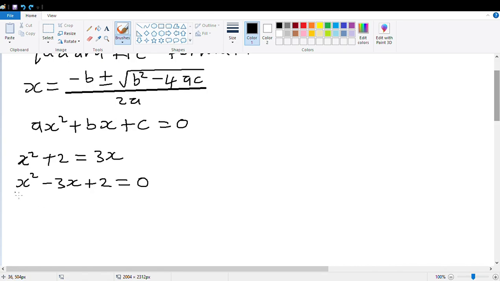So if you are finding this challenging, then try to simplify it further or write it in a nicer form so that it is easier for you to obtain the values of a, b, and c. To do that, you can simply put 1 there as your coefficient, meaning you'll be having 1x squared minus 3x plus 2 is equals to 0.